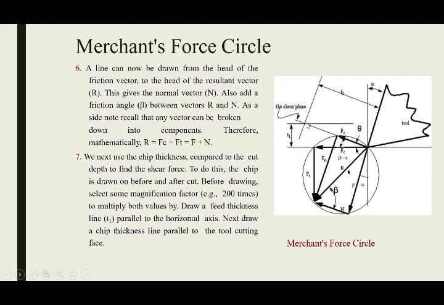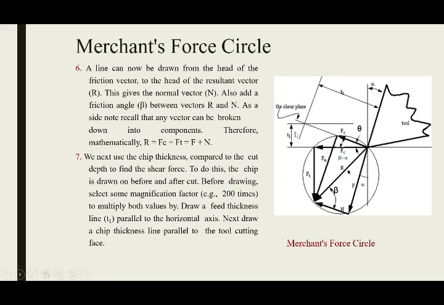The intersection of these two, this point and origin, join a line along this direction. Taking origin and this intersection, draw a line. The line cuts the circle at this point. From that, draw a line to the head of the resultant. Okay, so we will get two vectors, this is Fs and this is F.